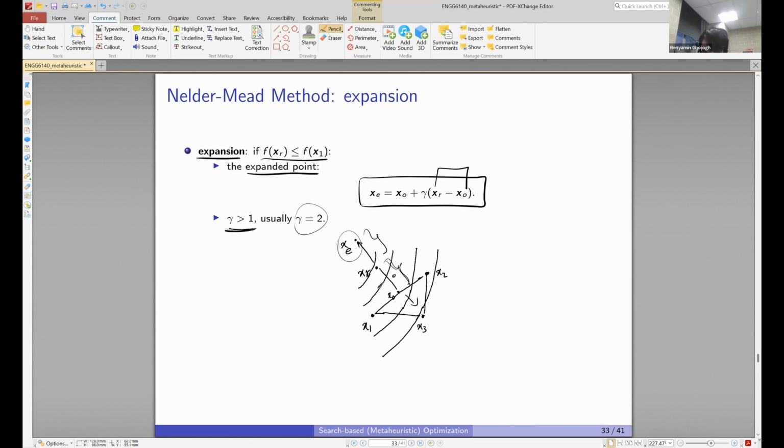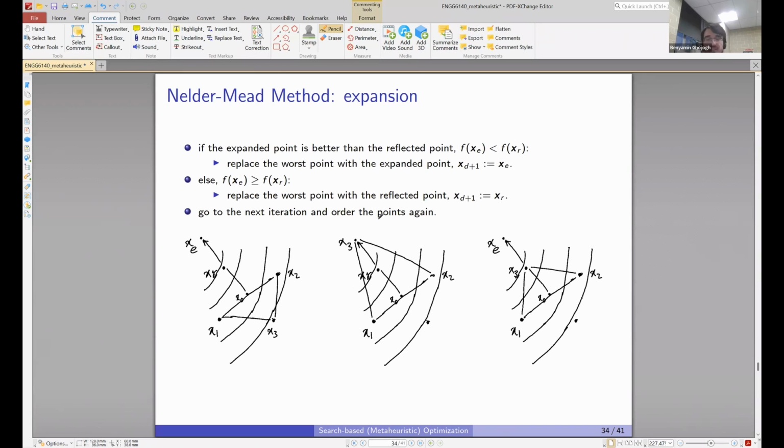Okay. Why do we do that? Because we know that xr is better than x1, x2, and x3, all of the corners. So apparently the function is really reducing in this direction, because this reflected point is better than all of these corners. So let's go further than the reflected point. Apparently it's working very well. Now let's discuss several sub cases in this case. We evaluate the fitness value in the expanded point, xe.